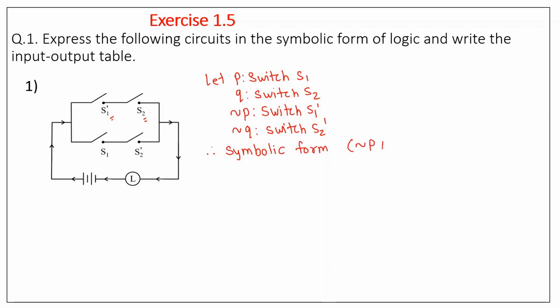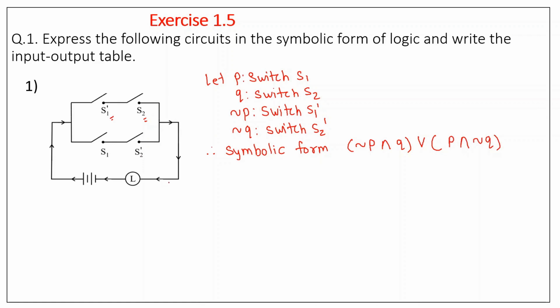Negation P and Q. Okay, these two are parallel with these two, so OR. Again S1 and S2 dash are in series, so we write P and negation Q.